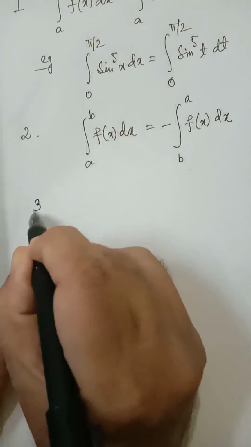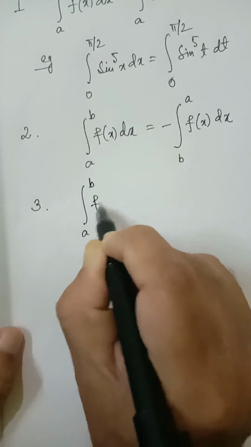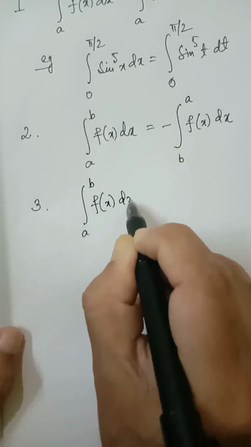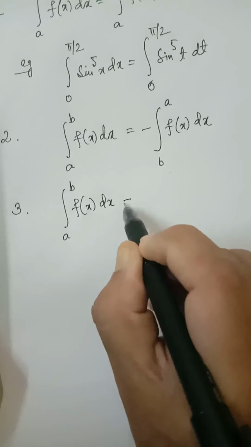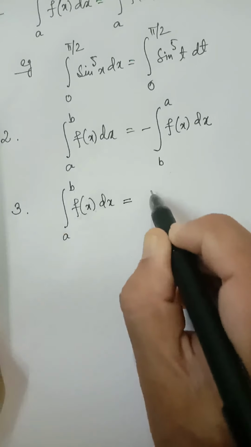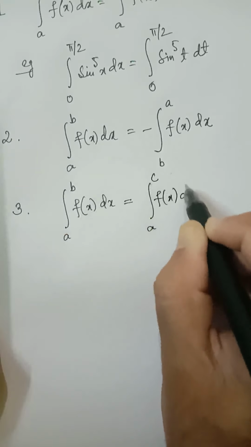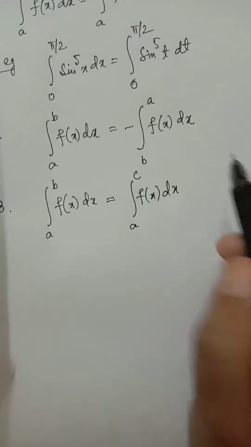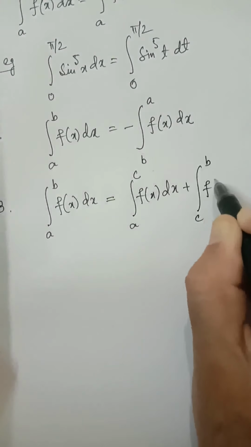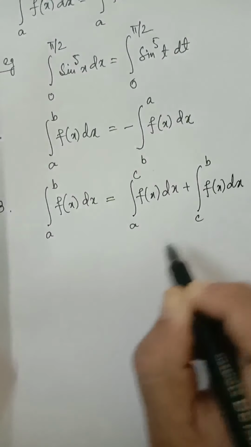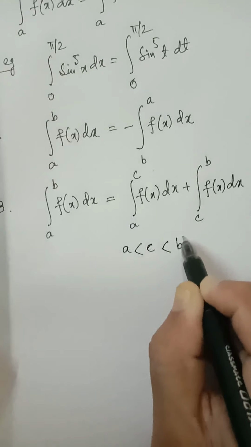Next, property number 3: integration of a to b f(x) dx is equal to integration of a to c f(x) dx plus integration of c to b f(x) dx, where c is any real number between a and b.